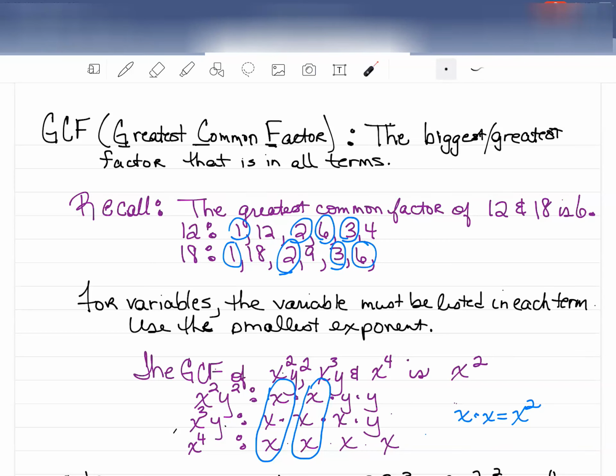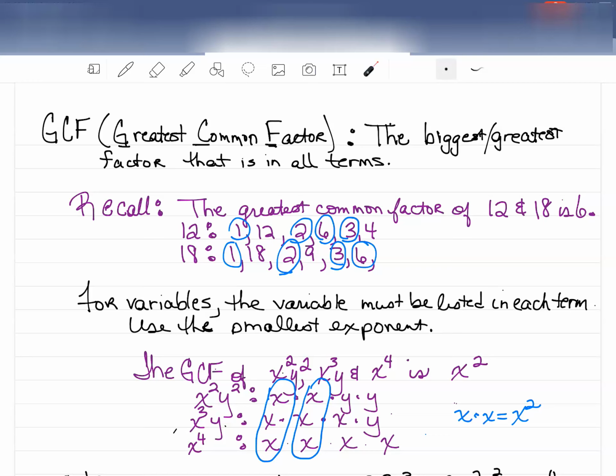When I get to the y that's in the x squared y squared, I don't have another y to put with it from the x to the 4th. So that's the reason why the variable has to be present, because if it's not present, you won't have one that's shared by everyone. You run out. And technically, this y would be a y to the 0, meaning no y's.